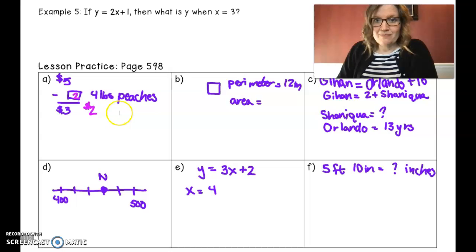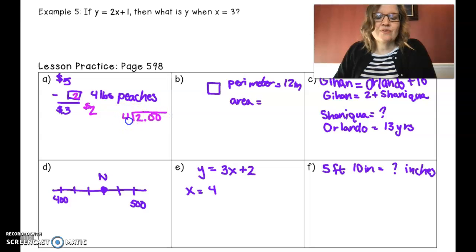That is our first step. The second step now is $2. We're going to divide it into 4 pounds. So we do our division.